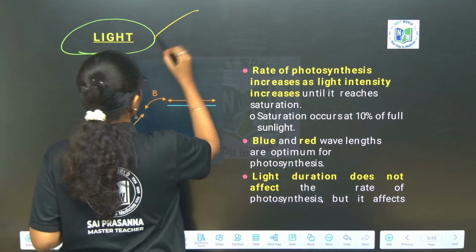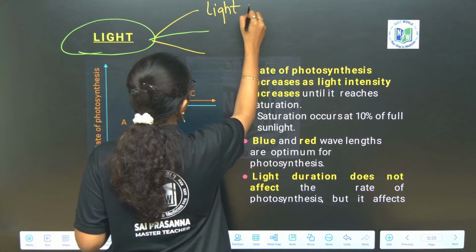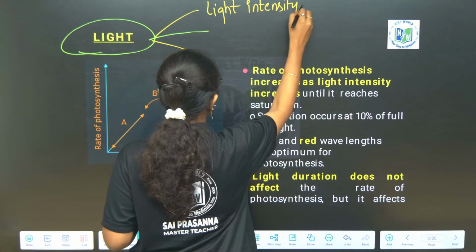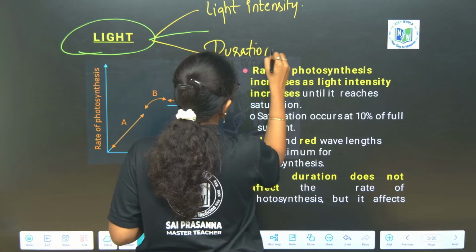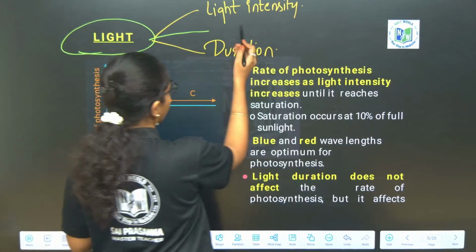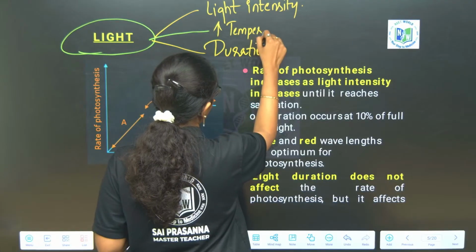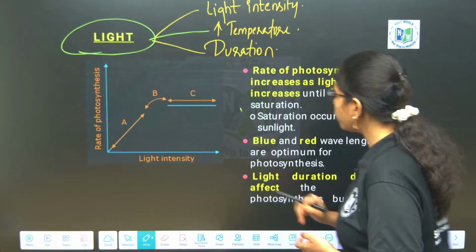In three ways: light intensity, duration of light, and wavelength, like increase in temperature because of light.